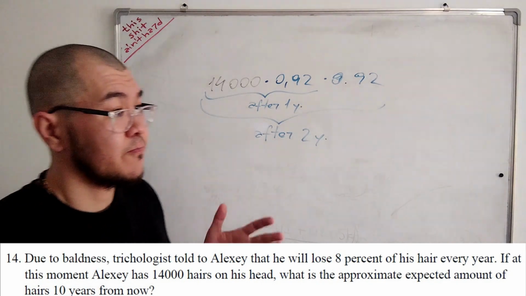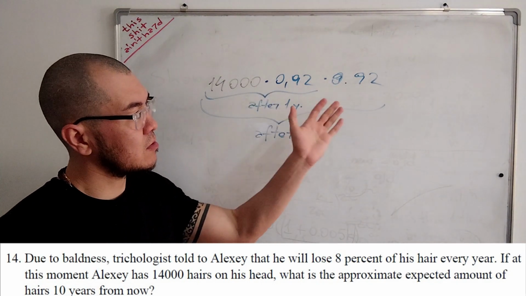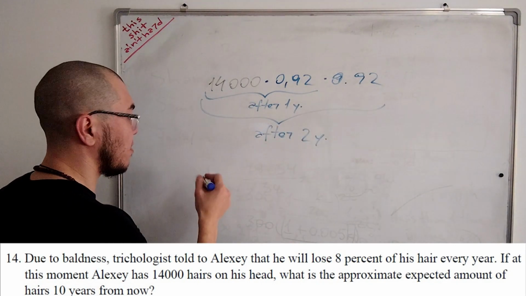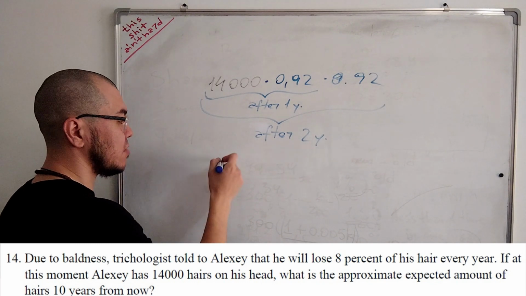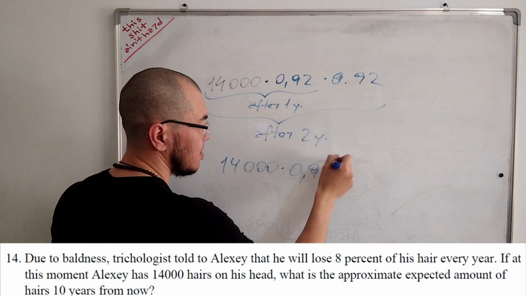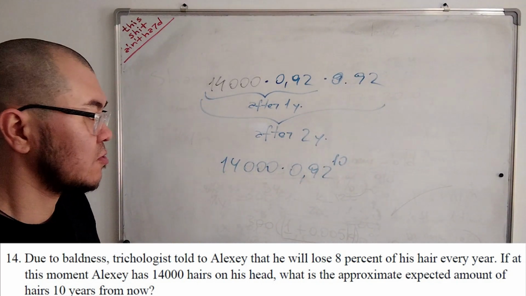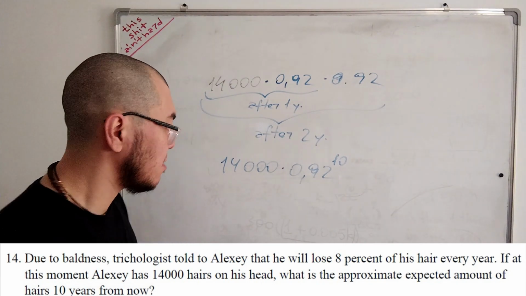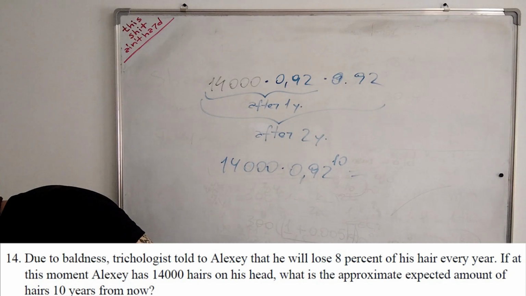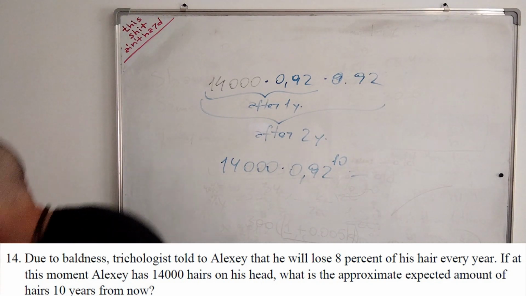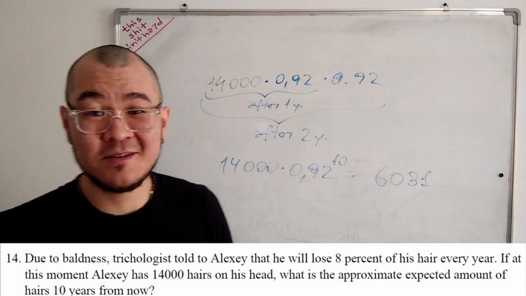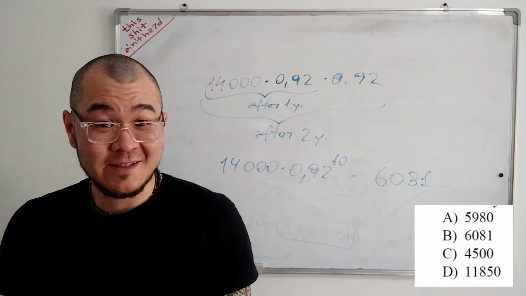And if we write down this factor 10 times, how can we write it down? We can write it just like this, to the power of 10. And if we use a calculator, we will find out that he will have 6,081 hairs on his balding head.